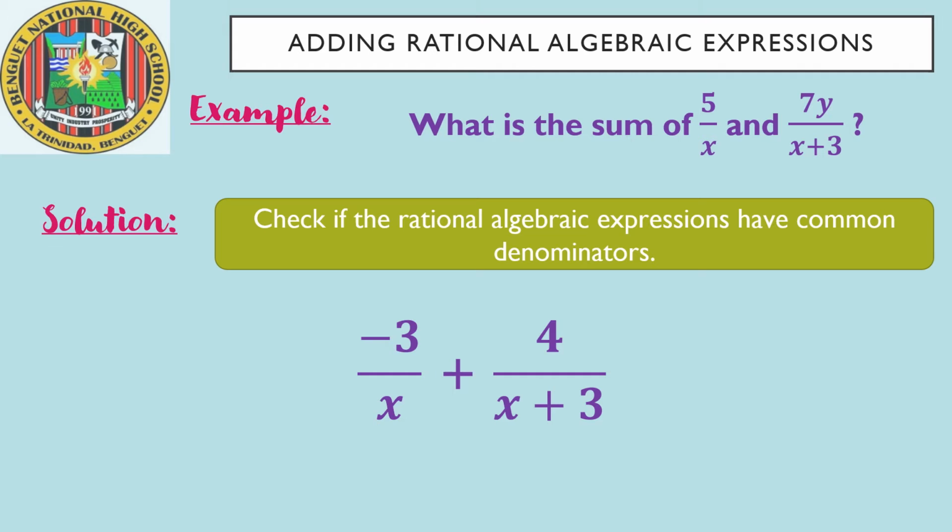Here, we see that the denominators are not the same. Just like dissimilar fractions, if the denominators of the RAEs are not similar, then we cannot add them as they are. We have to change them to equivalent RAEs with a common denominator, and that's what we're going to do in our next step.